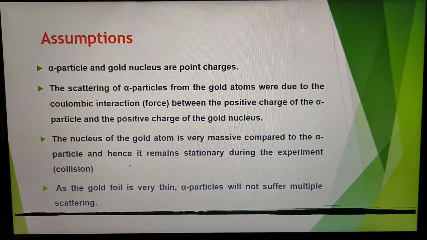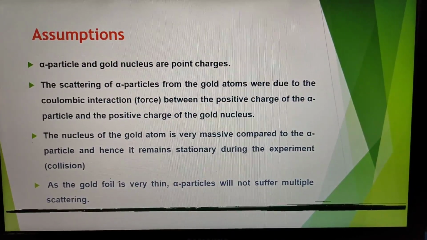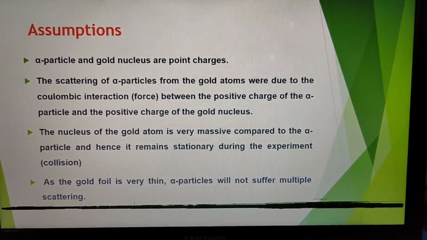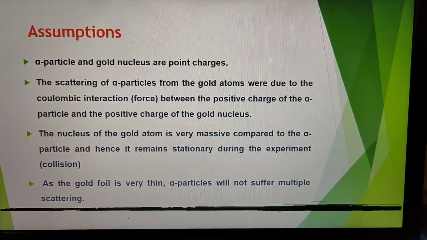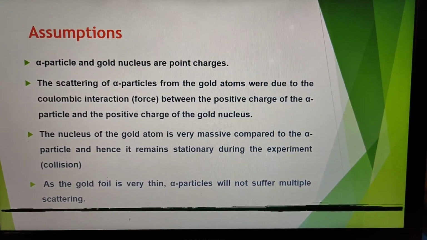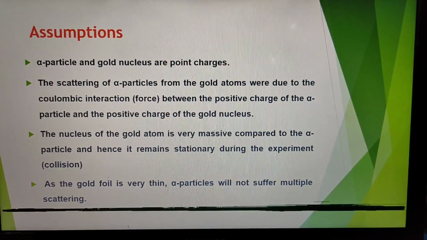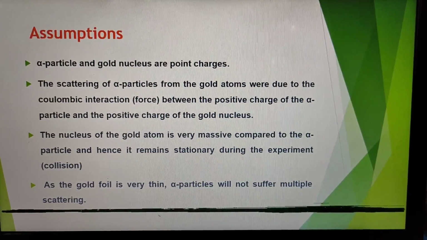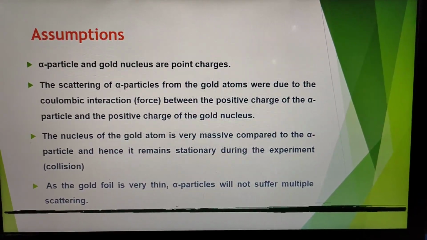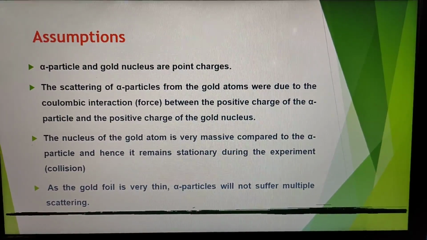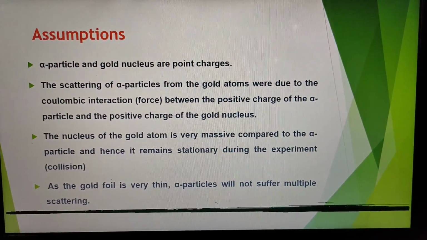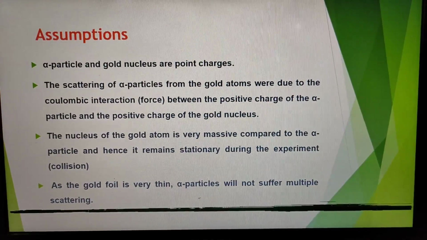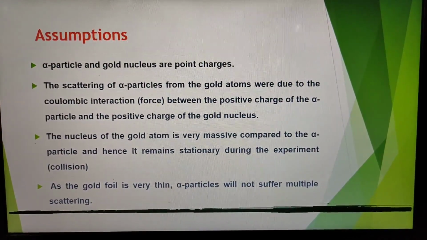The second assumption is that the scattering of alpha particles from the gold atoms was due to the Coulombic interaction between the positive charge of the alpha particle and the positive charge of the gold nucleus. So the attractive or repulsive force is given by Coulomb's law. The third assumption is that the nucleus of the gold atom is very massive compared to the alpha particle, and hence it remains stationary during the experiment.